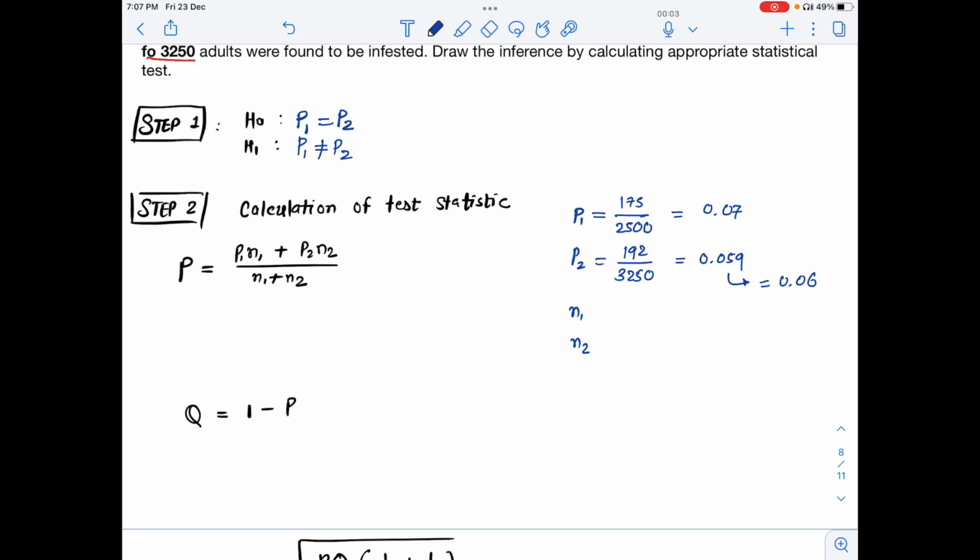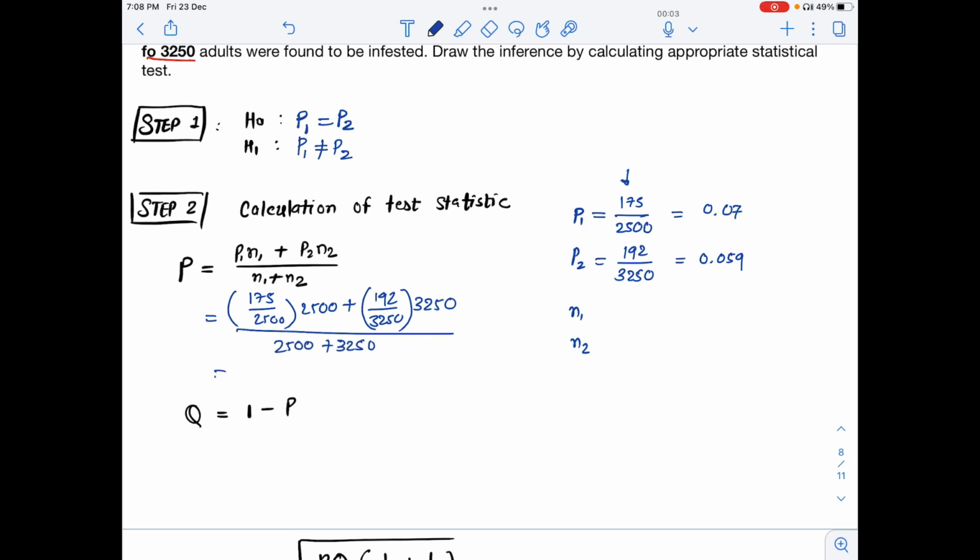Now calculating capital P, you can put P1 as this value, it will be easier to calculate. N1 is 2500, P2 will be 192 upon 3250 in total. It will come to be around 0.064, and Q will be 1 minus 0.064, which is around 0.936.